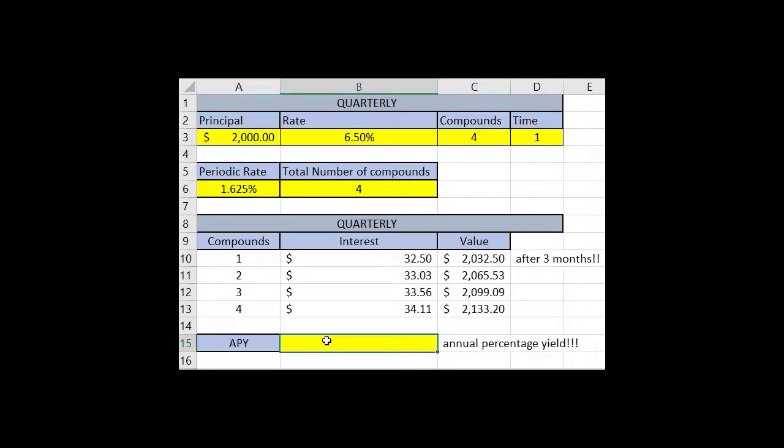And so what we're going to do here is find the interest by taking the amount I have at the end of the year, got to use parentheses, the amount I have at the end of the year, minus the amount that I started with, and that's going to give me my total interest, and divide that by the principal, or the starting value, which was $2,000, and just hit enter there.